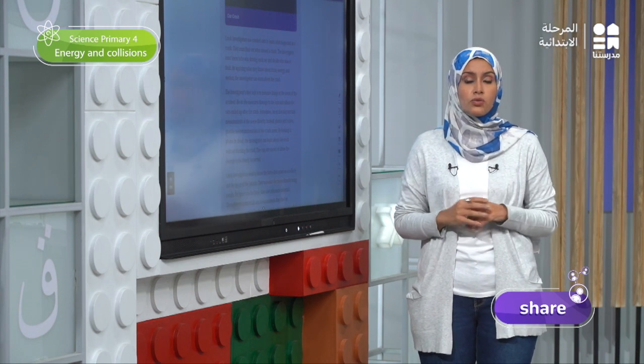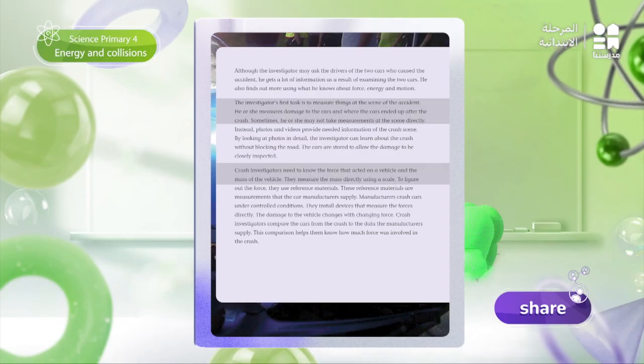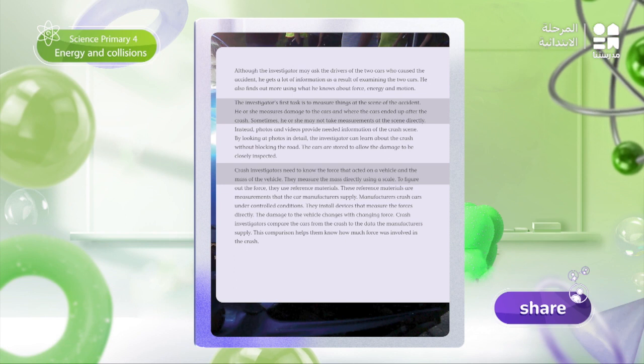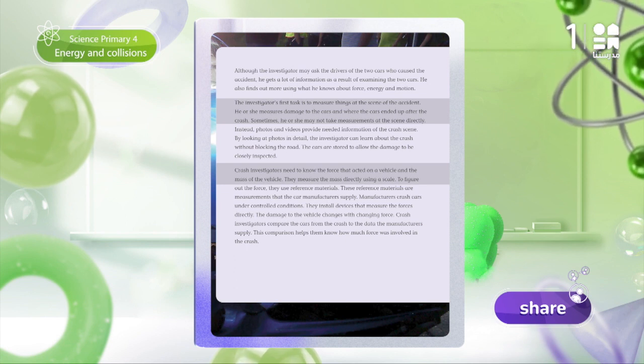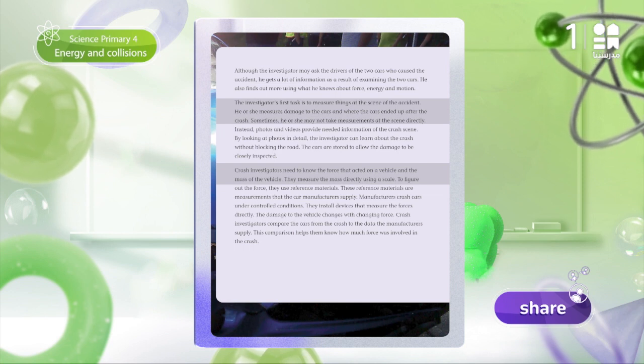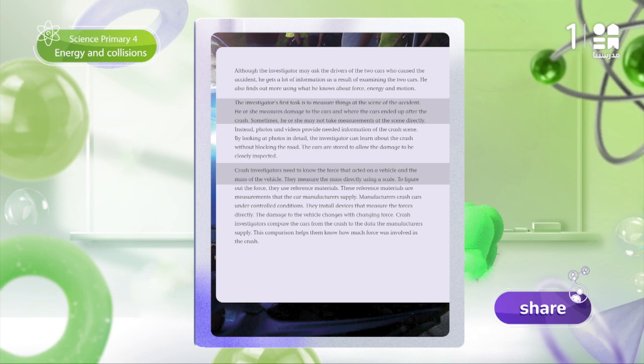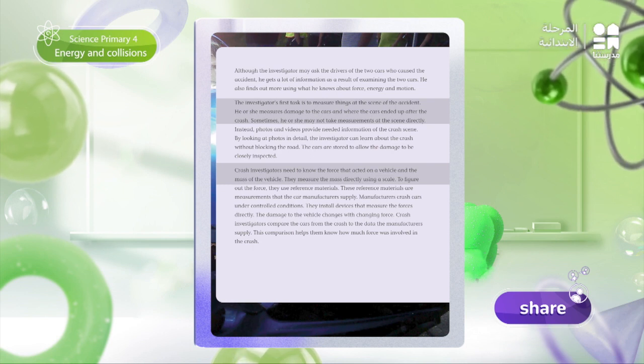Are there other ways to help the crash investigators identify the collision force? Let's read and underline this sentence at the end of the text together. Crash investigators compare the cars from the crash to the data the car manufacturers supply.